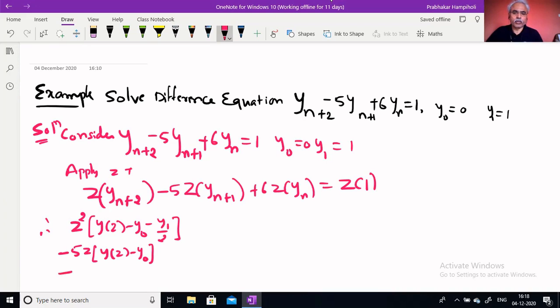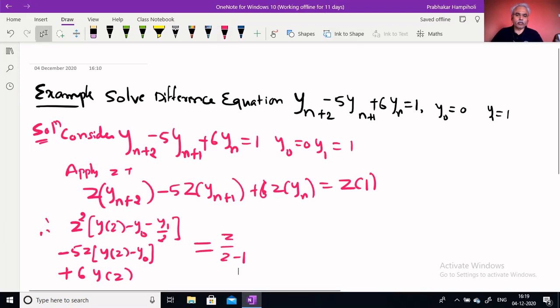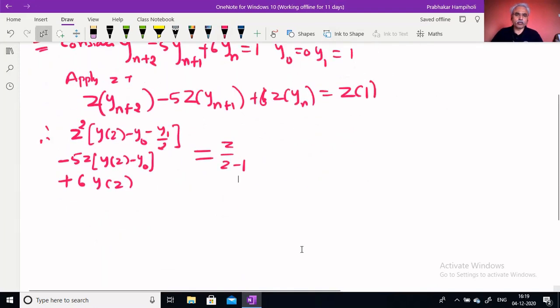Third term, 6 times y of z. This is all the left hand side. Right hand side, z by z minus 1. Now what remains is that we have to substitute the values of y0 and y1: wherever y0 is there, 0, and wherever y1 is there, 1.